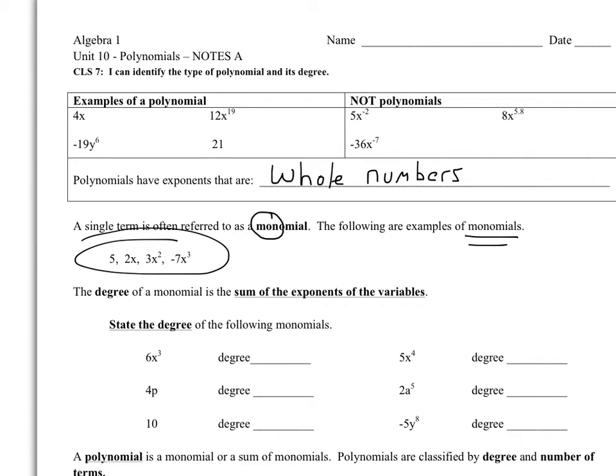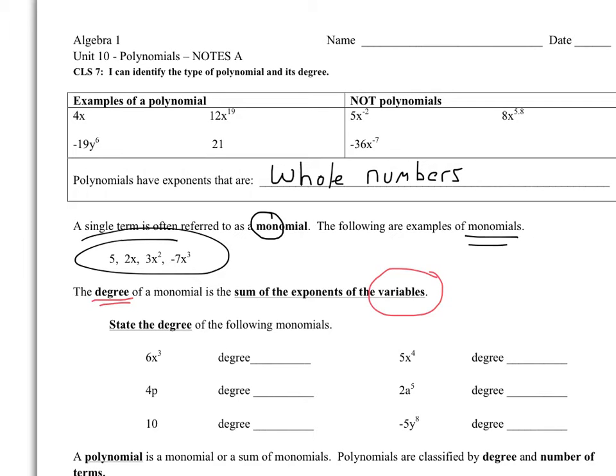The degree of a monomial is the sum of the exponents of the variables, and it's only of a monomial. If we have a multi-term polynomial, we look at the highest degree monomial.